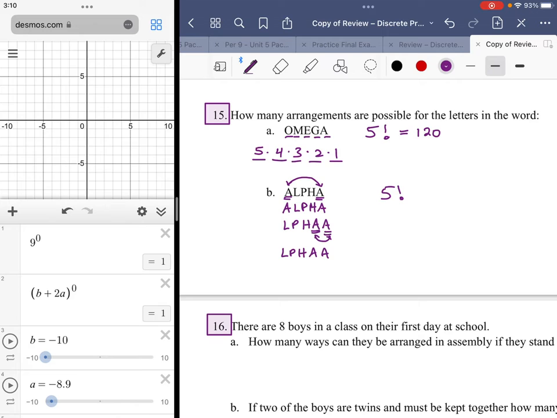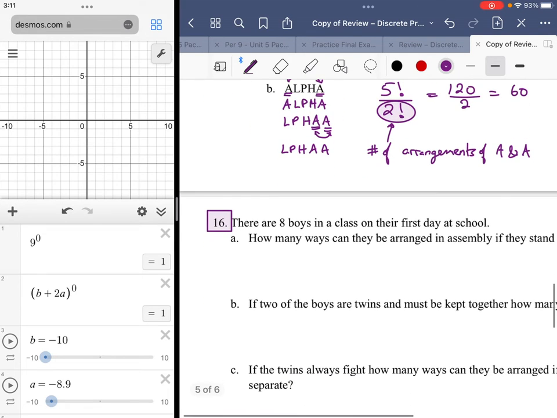But we divide by 2 factorial, because the 2 factorial gives us the number of arrangements of A and A. So if the A occurred 3 times in the word, then we would divide by 3 factorial. If it occurred 10 times, then divide by 10 factorial. So in this case, we're getting 120 divided by 2, which is 60.